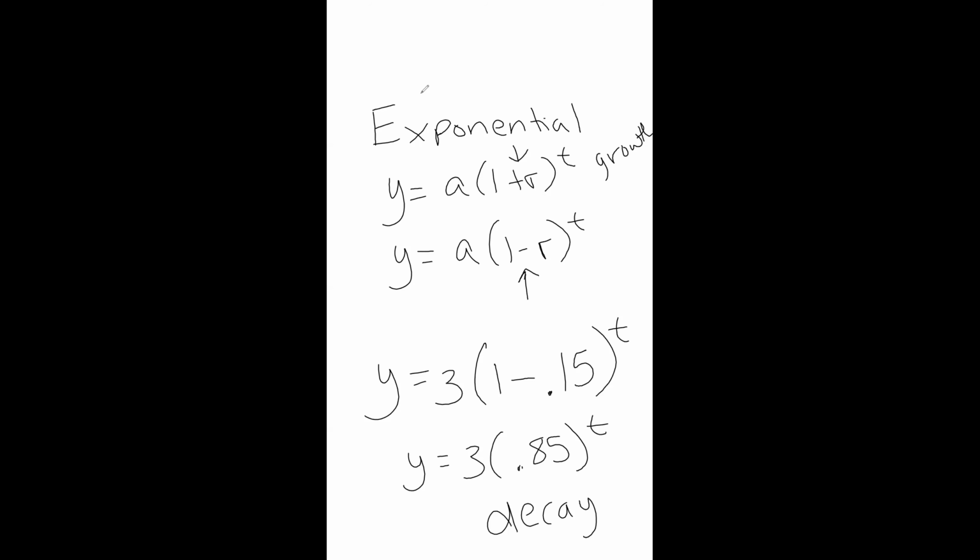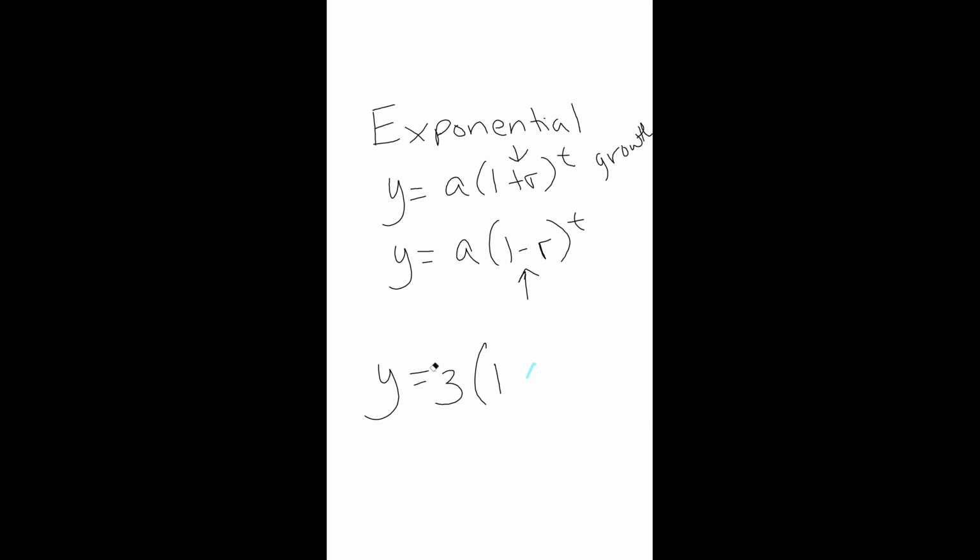But you really don't even need to solve it because this minus sign right there tells you that it's a decay. All right, so hopefully that will help you on numbers.